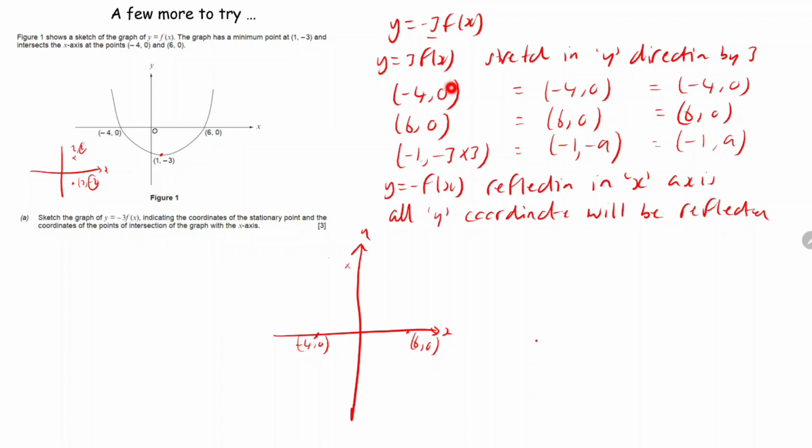Sorry, I made a mistake with this coordinate here, didn't I? This should have been just positive 1. That's positive 1. So it's going to be at 1, 9, sorry, in this position. So the graph's going to do something like this.